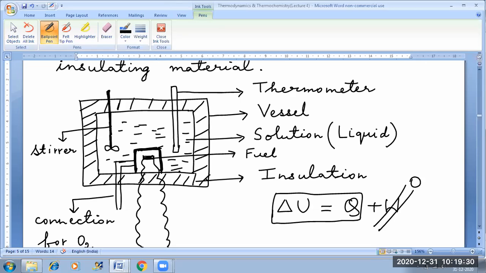That means water is gaining heat. Whatever heat is absorbed by the water can be calculated by seeing the rise in temperature, which is shown by the thermometer immersed in water.